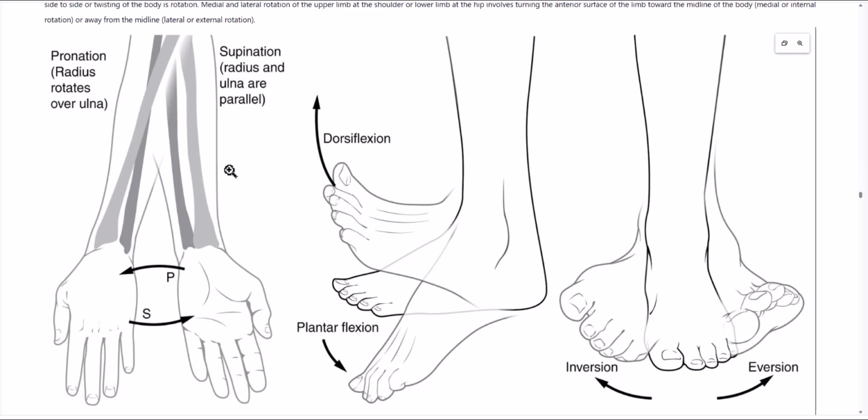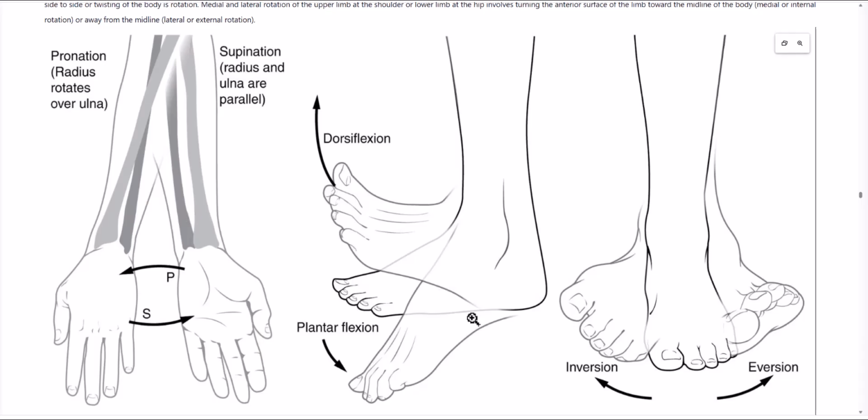So when you turn your palms backwards, that is pronation. And as you pronate, the radius rotates over or crisscrosses over the ulna. And then when you return your hands to anatomic position, that movement is supination, and the radius and the ulna are back to being parallel.